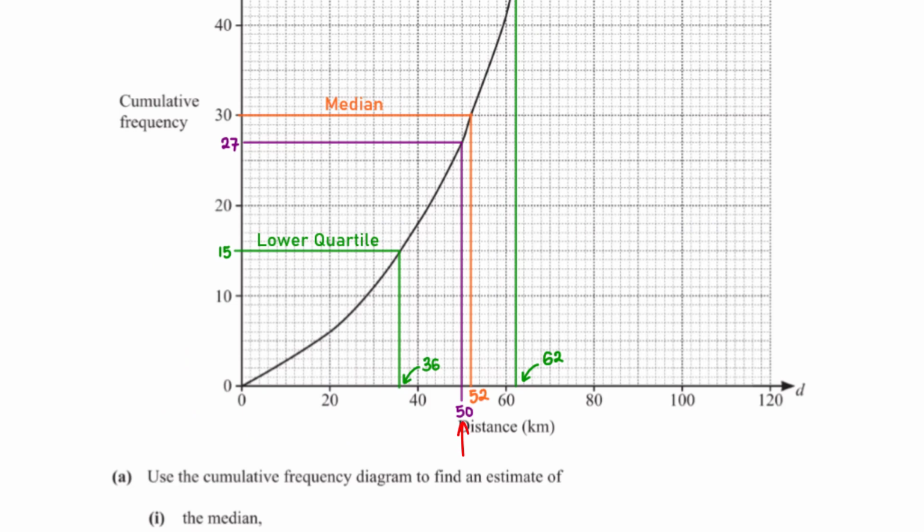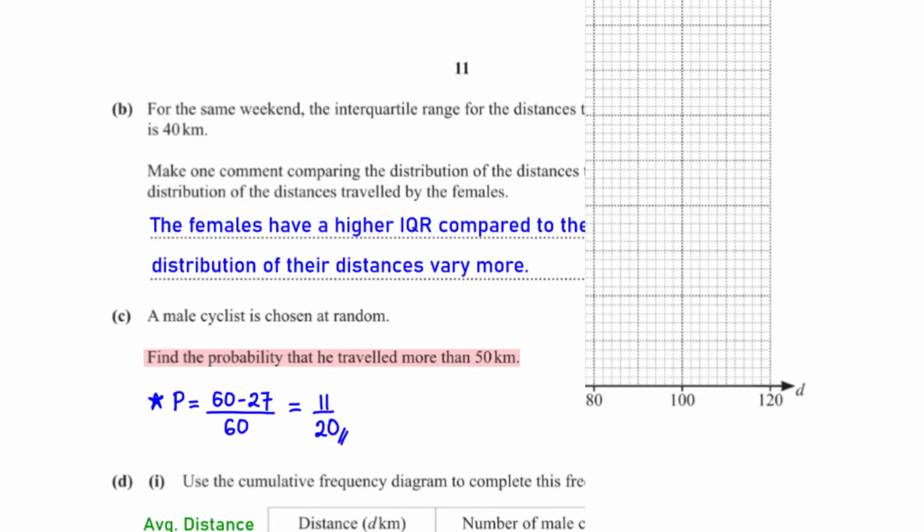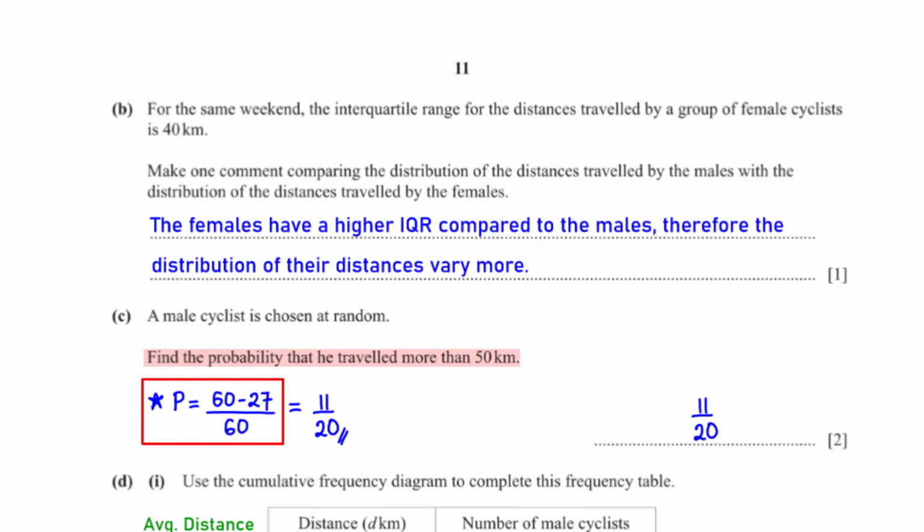When we map 50 kilometers on the diagram, we get 27, which represents the number of male cyclists who traveled 50 kilometers or less. And so to get the number of male cyclists who traveled more than 50 kilometers, we subtract 27 from 60. The total number of male cyclists is 60. When we type this into the calculator, we get 11 over 20.